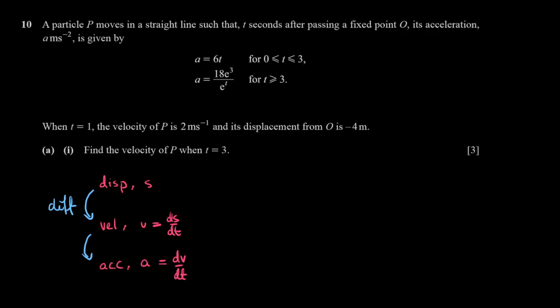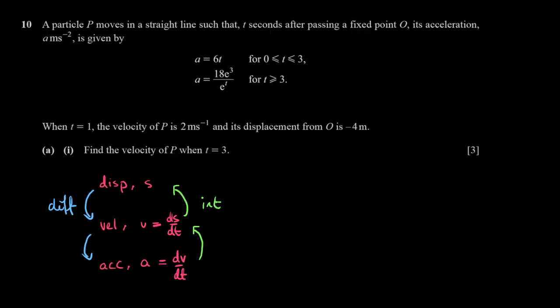If we integrate acceleration, we will get velocity. And if we integrate velocity, we will get displacement. So if you understand this diagram here, then you should understand most of these questions. In other words, we differentiate to go from displacement to velocity, and we differentiate again to go from velocity to acceleration. And if we want to reverse the process, then we integrate.